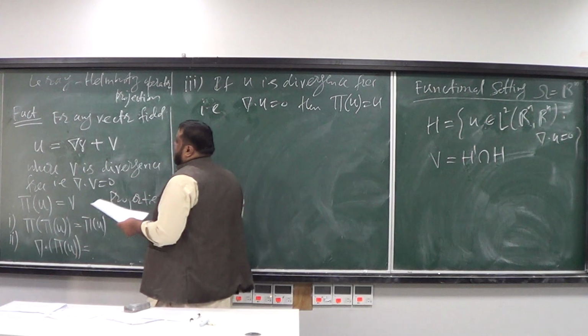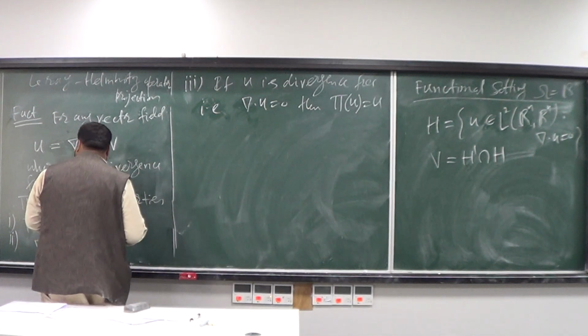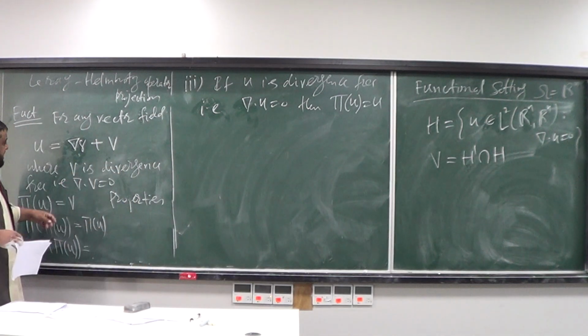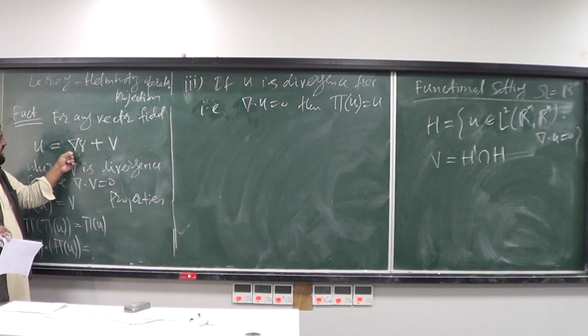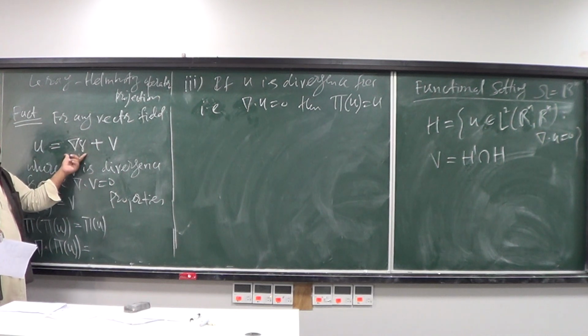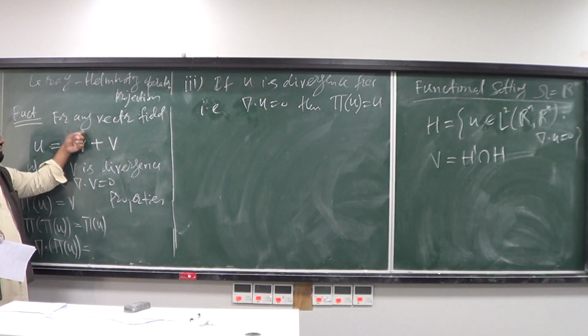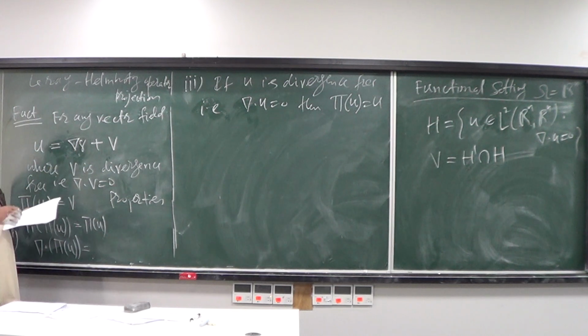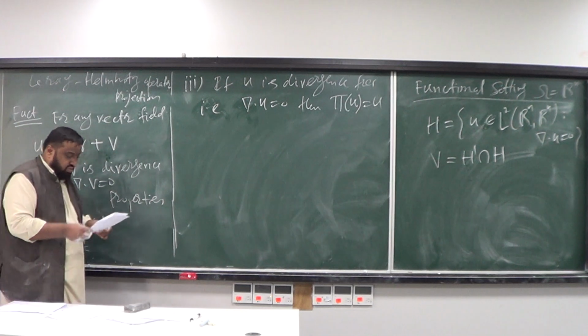The third thing is that if you apply your projection operator onto the gradient of Q, you're going to get 0. So the pi of gradient of Q is 0.